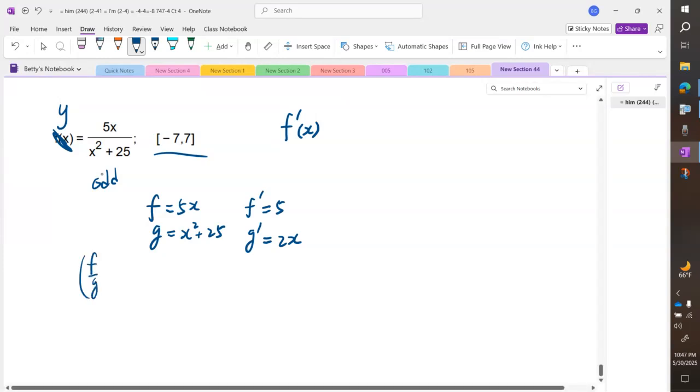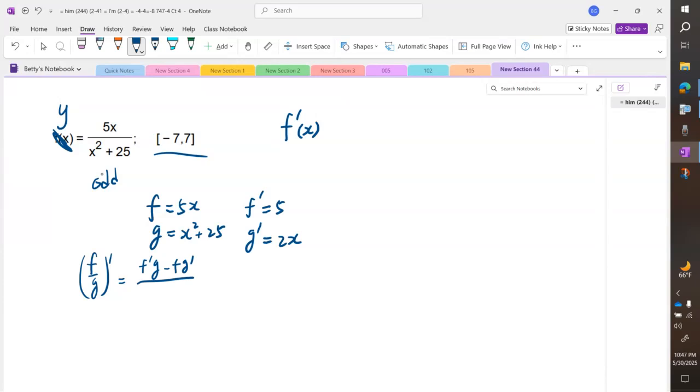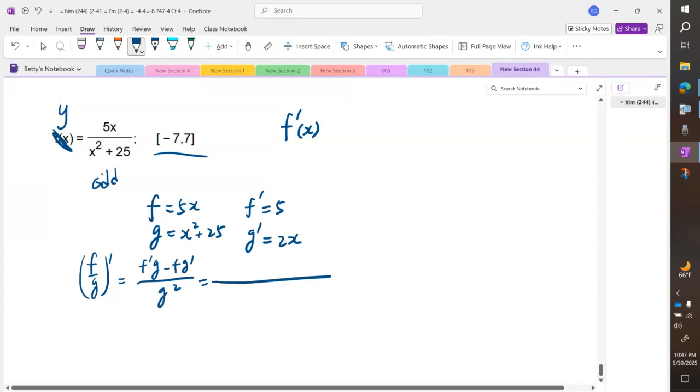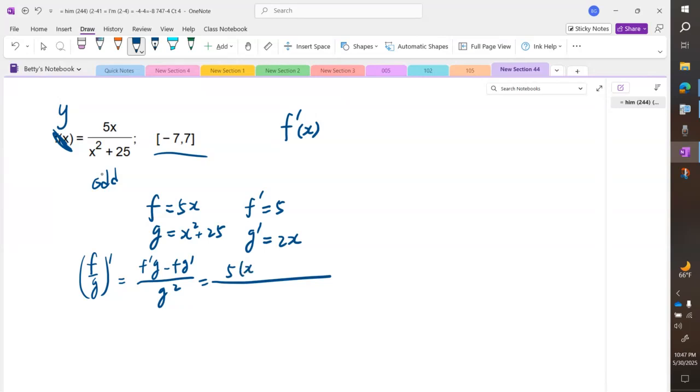And the derivative of f over g is f prime g minus f g prime, all over g squared. f prime times g, minus f times g prime. Denominator g squared: x squared plus 25 to the power 2.